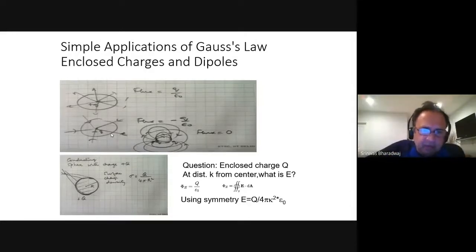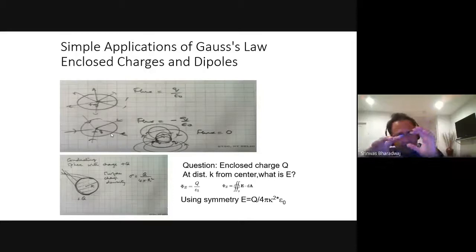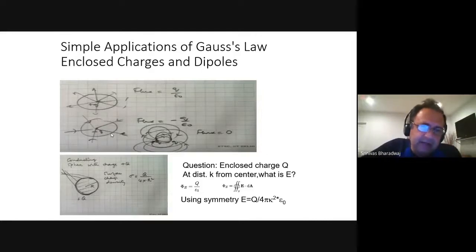Now, if you had a conductor and you covered the whole conductor, say a conducting sphere, all the charge will uniformly spread to the surface of the sphere, and then you draw a Gaussian surface around it.